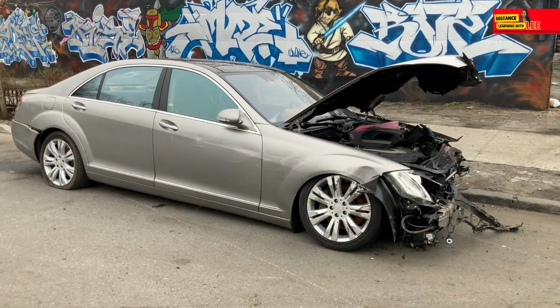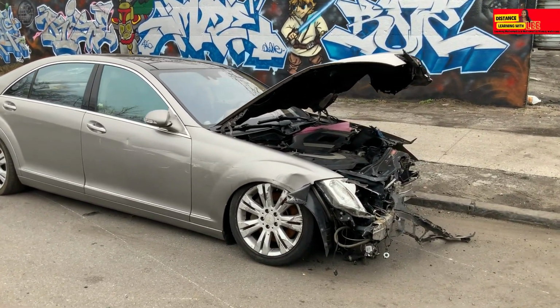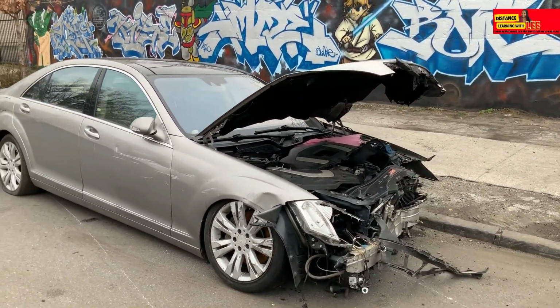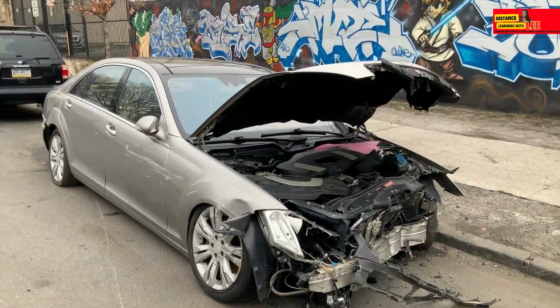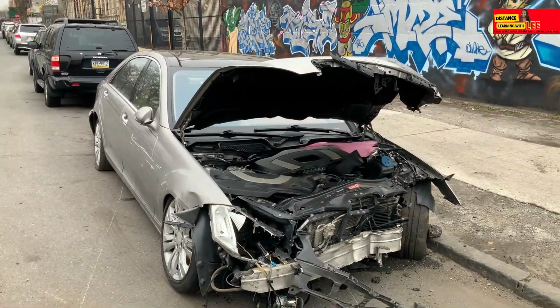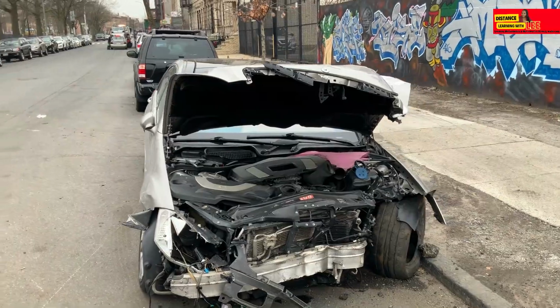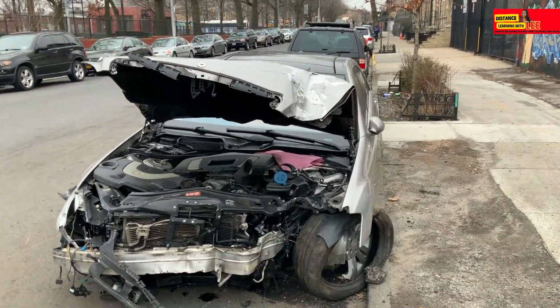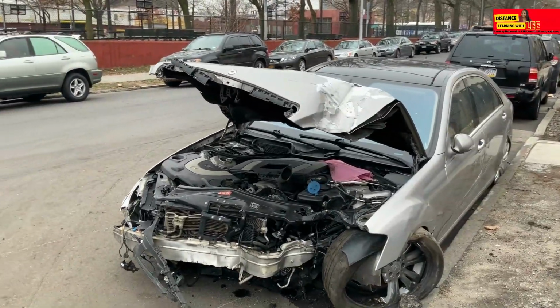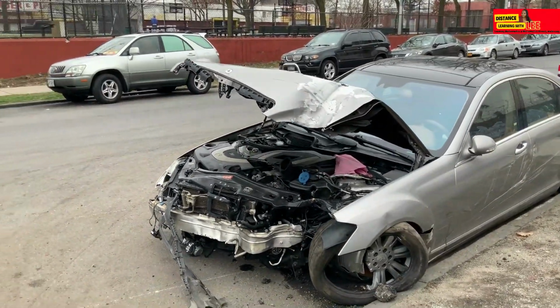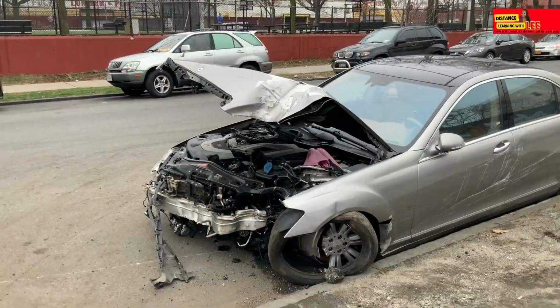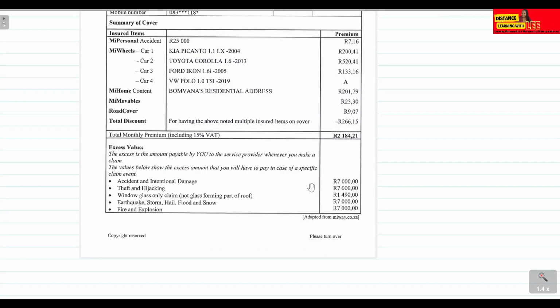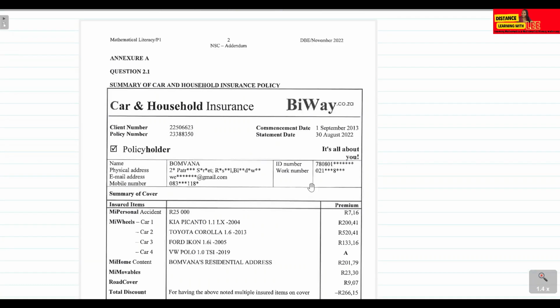This means that before Byway pays for fixing his car, he needs to pay an excess of 7,000 if his car was damaged due to an accident or internal damage. So an excess is an amount that you pay to your insurance provider whenever you make a claim. I hope I've clarified that.